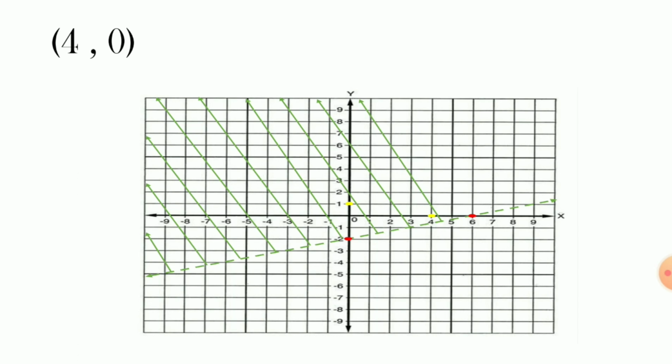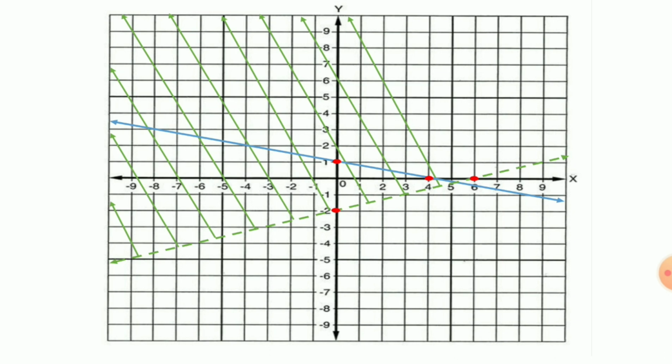x-axis. Since the inequality that we use is less than or equal to, we will use a solid boundary line. Next is to determine the shaded area using the origin test. So we have the inequality x + 4y ≤ 4.